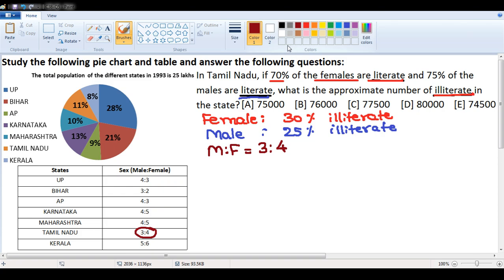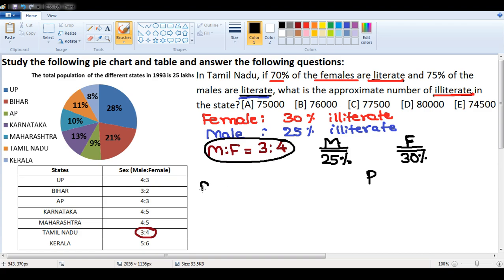The meaning of male and female is 3:4 means, suppose if I use allegation, male 25% are illiterate, female 30% are illiterate. The resultant whatever I get, I will call it P. The ratio in which these male and female are mixed is given in the question as 3:4. That means Q1 by Q2 ratio, or in this case male by female ratio, as I told 2 minutes before, is 30 minus P divided by P minus 25.